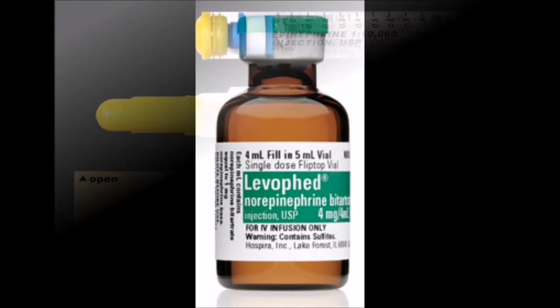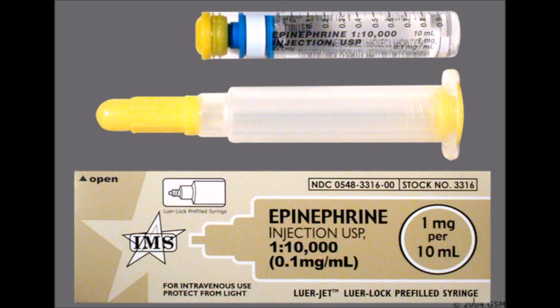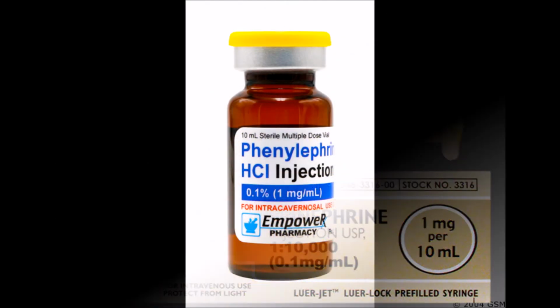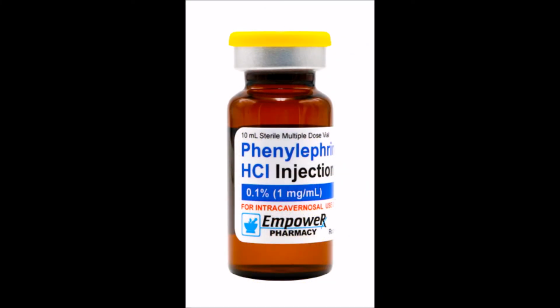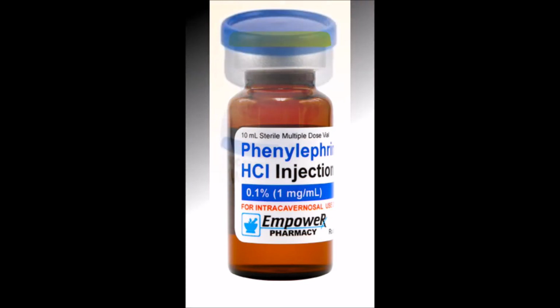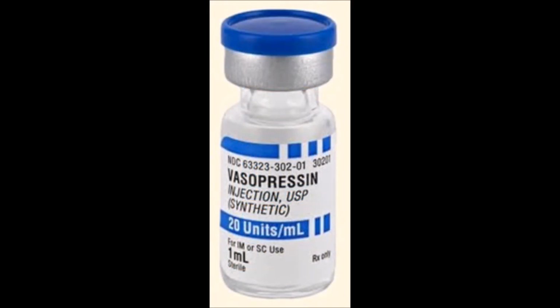We also have epinephrine, which increases the mean arterial pressure, cardiac index, stroke volume, systemic vascular resistance, and heart rate. We also may give phenylephrine, which is a potent vasoconstrictor as well, and will also help increase the blood pressure. We also have the option of using vasopressin, which is an antidiuretic hormone.